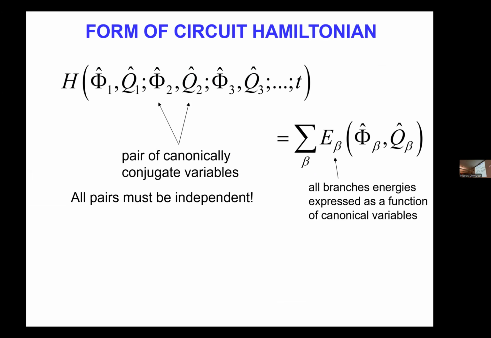Now we have posed the problem. So we need to find pairs of conjugate variables to put in our Hamiltonian, and this is our mission. The Hamiltonian is a function of these pairs of conjugate variables, eventually of time.